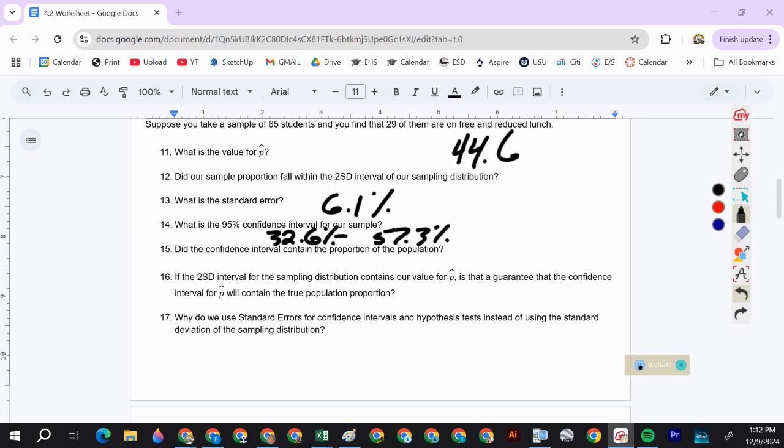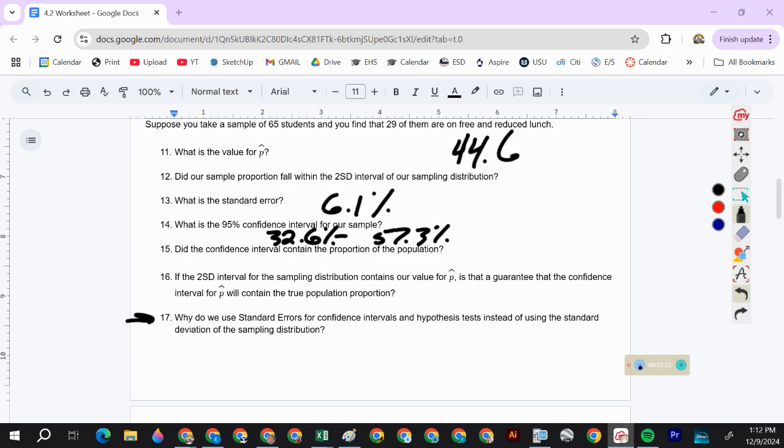And the reason that's not true is our standard error changes based on our sample proportion, right? Our standard error is based on our value for p hat. We're still dividing by 65 no matter what, but our value for p hat will change. As the value of p hat varies, the standard error also varies. So it's not a guarantee. If you do land in the 2SD window, you're probably going to have a correct confidence interval, but it's not a guarantee.